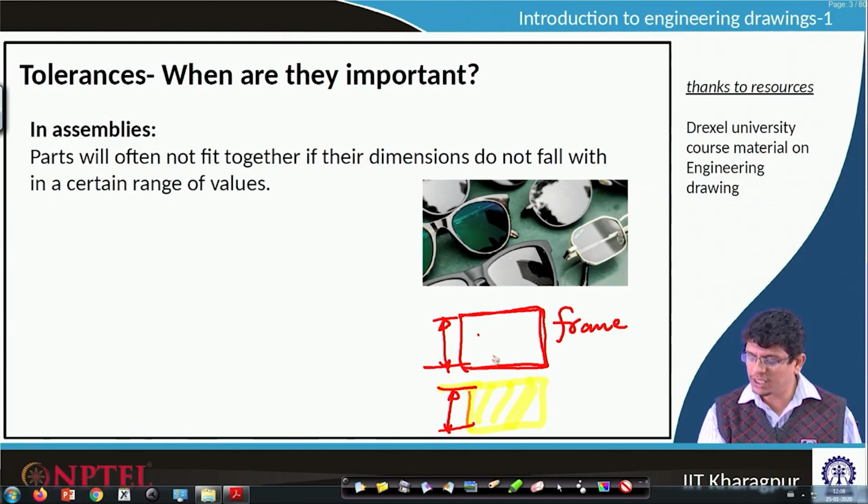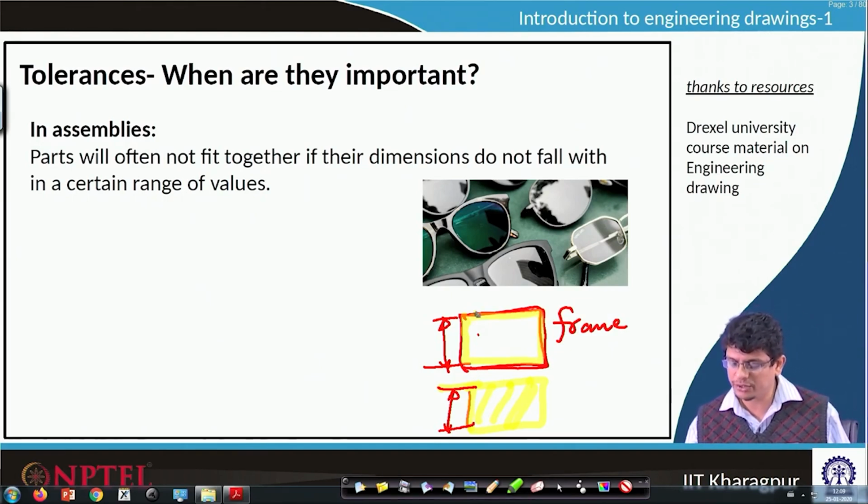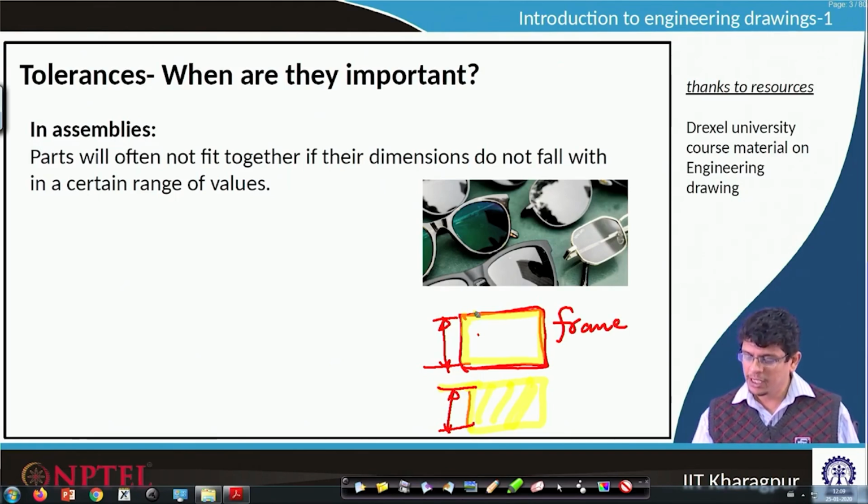So the main functionality of fitting this glass inside that, we may not be able to achieve. A small increase in mechanical stresses, temperature variations or surface abrasions and other things may severely affect its functionality.